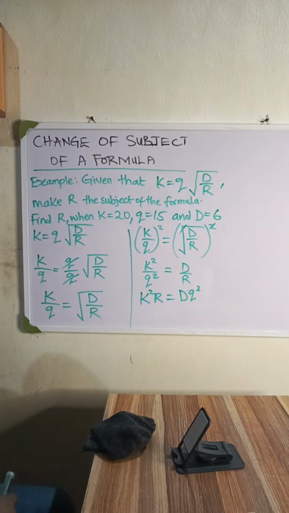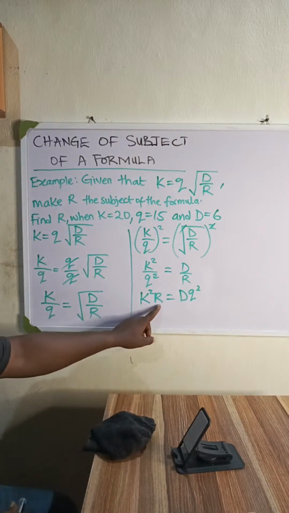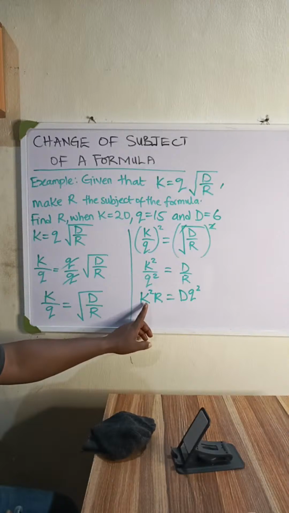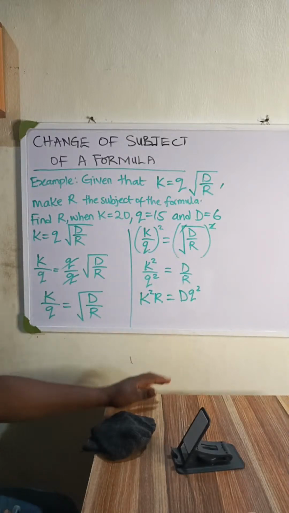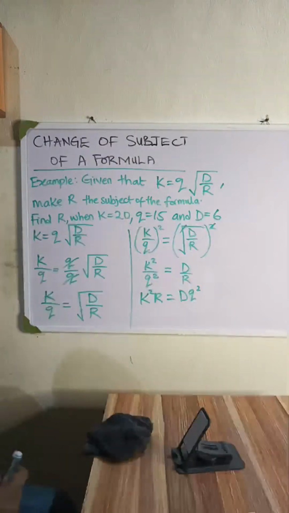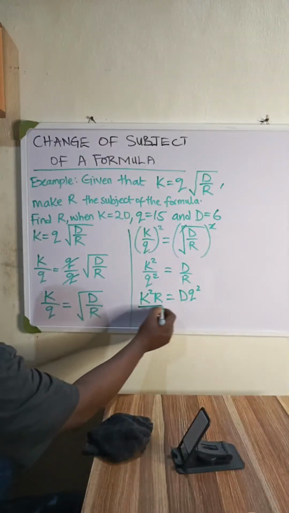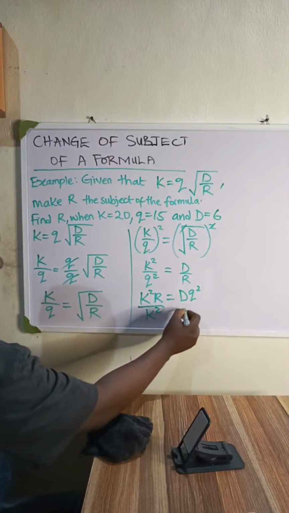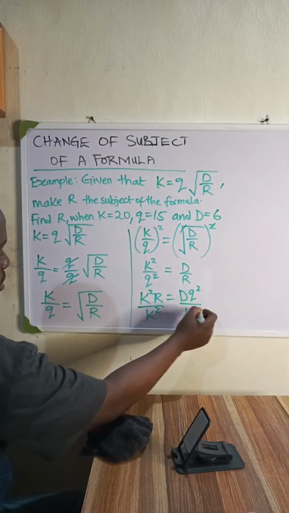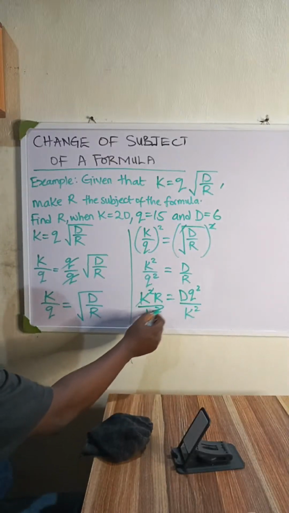So now r is on the left side, but r is not yet the subject of the formula because an unwanted k squared is there. So to get the subject of the formula, we need to divide both sides by k squared. So k squared is going to cancel k squared.